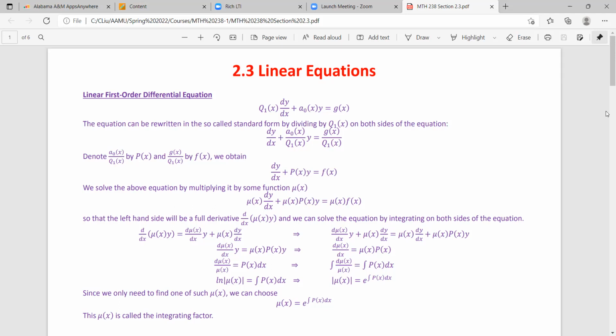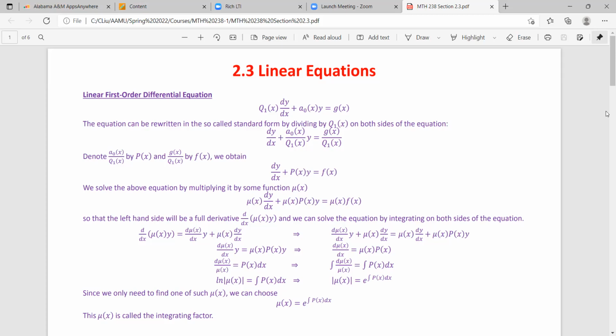So you just divide each term by a1(x). And then you can use p(x) to denote the coefficient of y, which is a0(x) over a1(x), and use f(x) to denote the right side, which is g(x) over a1(x).